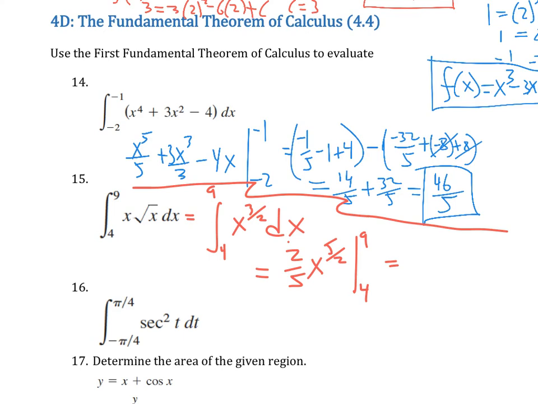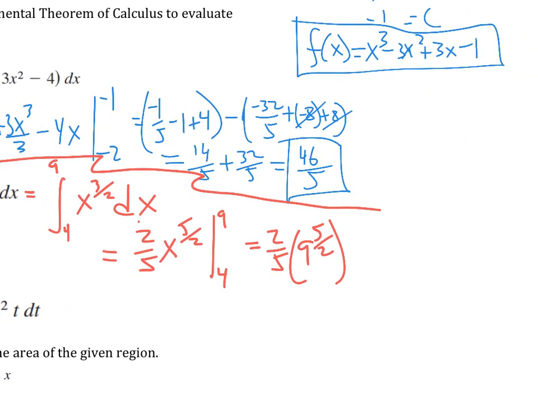So let's plug in 9, and we get 2 fifths times 9 to the 5 halves, which is the square root of 9 to the 5th. And then we're going to subtract, plug in 4, 2 fifths times 4 to the 5 halves. And in the end, it's going to come out to be 422 fifths.